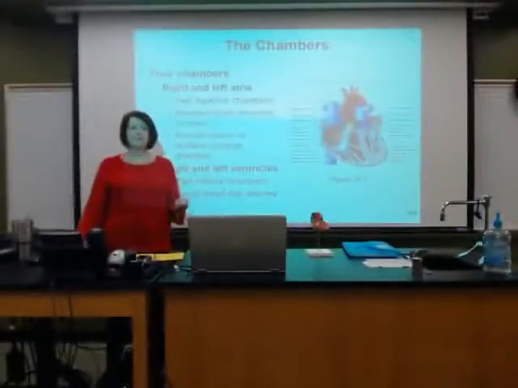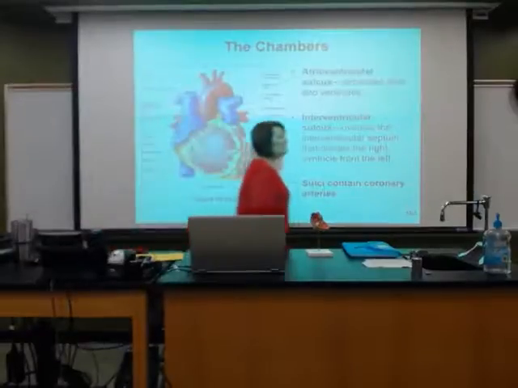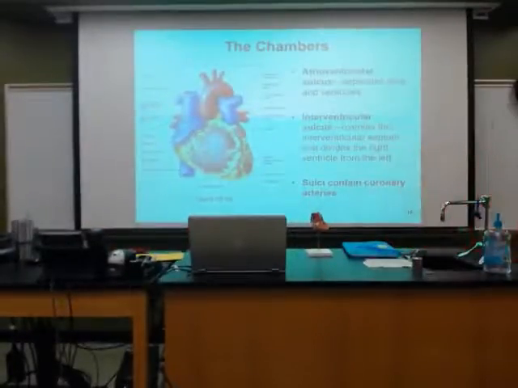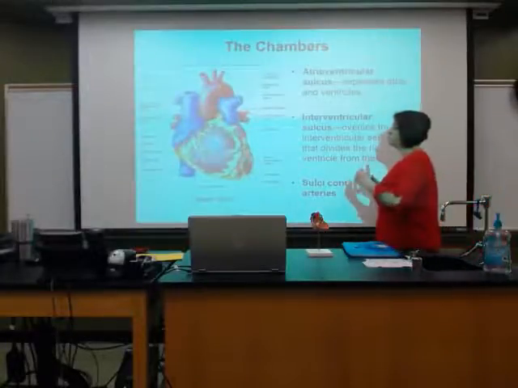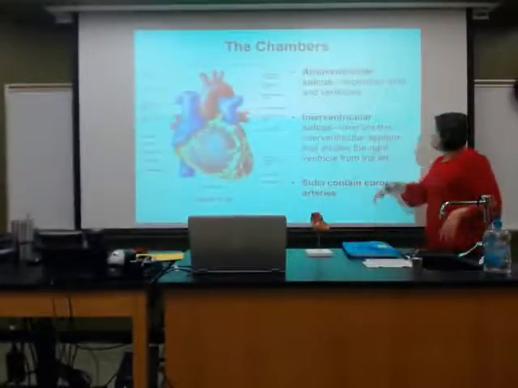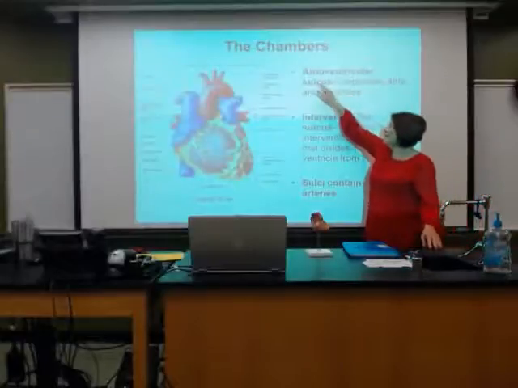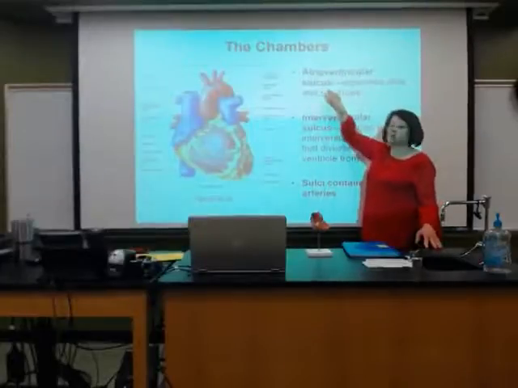One of the things that's really important is the pressures that are present. We need to make sure that we try to keep those pressures at a norm. The body's going to want to do that, and the heart's going to want to do that. Now, when we look at those 4 chambers, the atria and the ventricles, we're going to find that we have an atrioventricular sulcus.